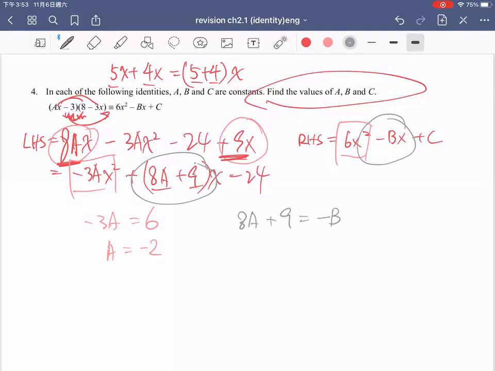Because on the left hand side again, we have ax plus 9x, which is negative bx on the right hand side. So we have this one. So we have a is negative 2. We just substitute back a for negative 2, just like here. Okay, a is negative 2.